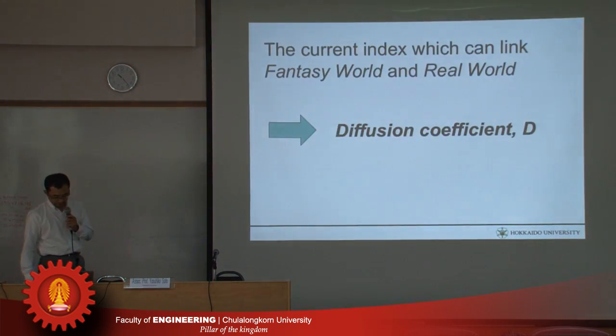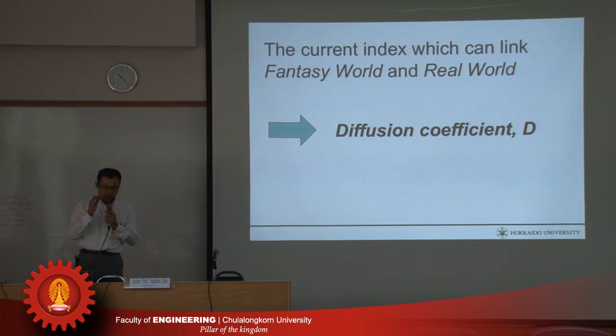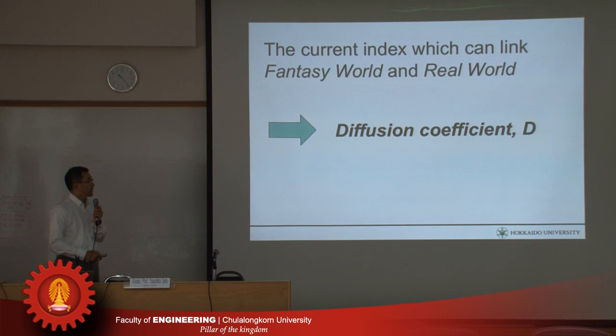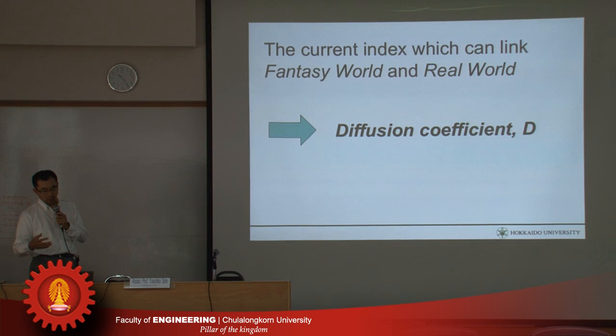To do that, let's say the current index which can link the fantasy world and the real world is probably the diffusion coefficient D. The most serious deterioration mechanism is, of course, corrosion.